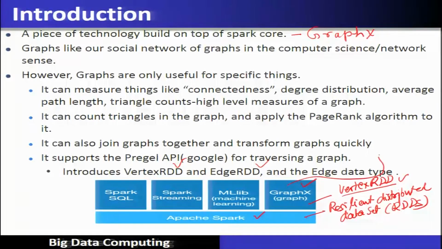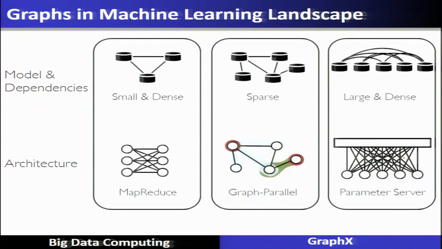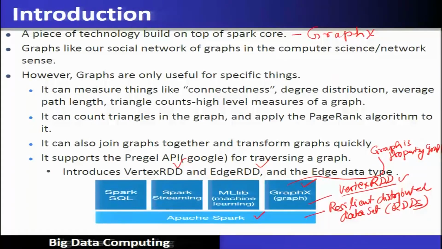So, the graph is called a property graph, which is nothing but the vertex RDD and edge RDD, which is supported as a graph in GraphX. Also, there is another viewpoint wherein vertex and edges are combined together, that is called a triplet.